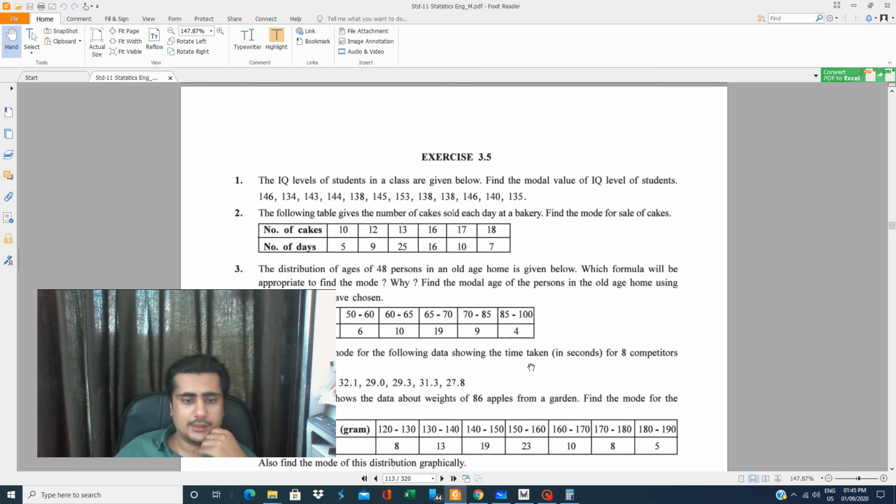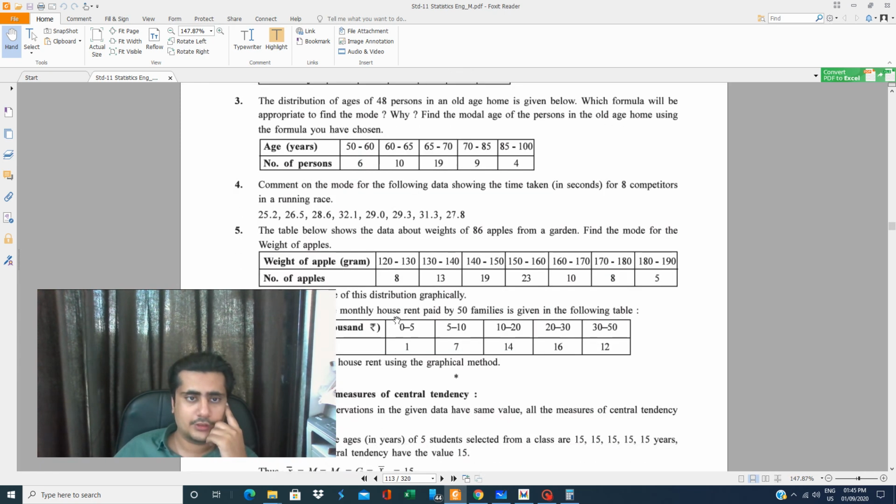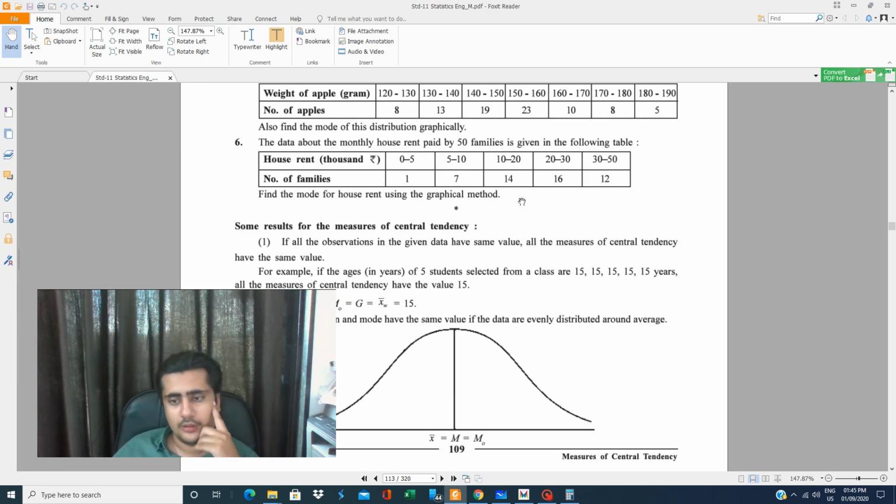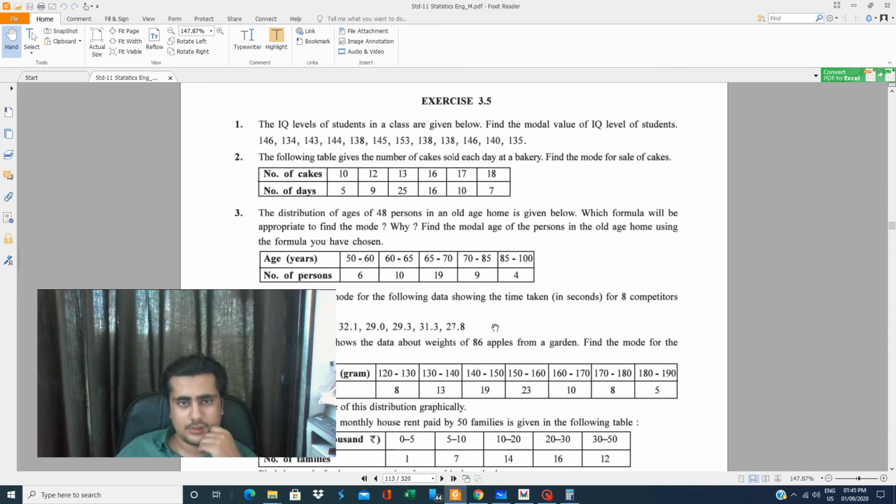There is another part in this fifth question: also find the mode of this distribution graphically. The graphical method we will do after maybe one or two lectures.